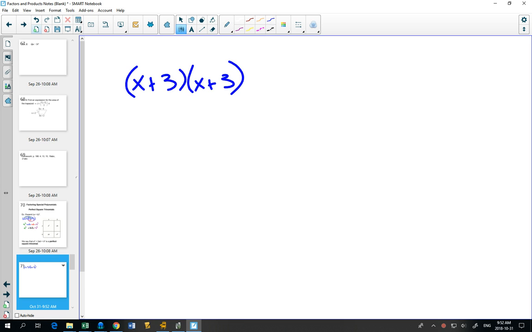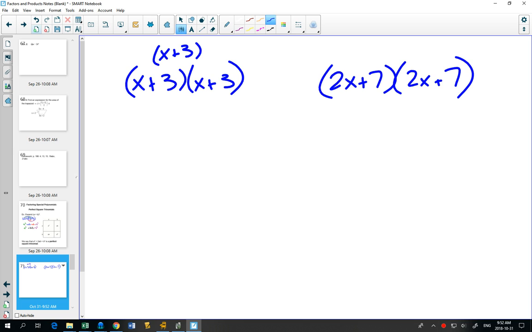And let's square 2x plus 7 and 2x plus 7. So can you see what I'm saying? This is the same as x plus 3 squared, and this is the same as 2x plus 7 squared. If you multiplied those out with FOIL, are the middle two terms always identical?